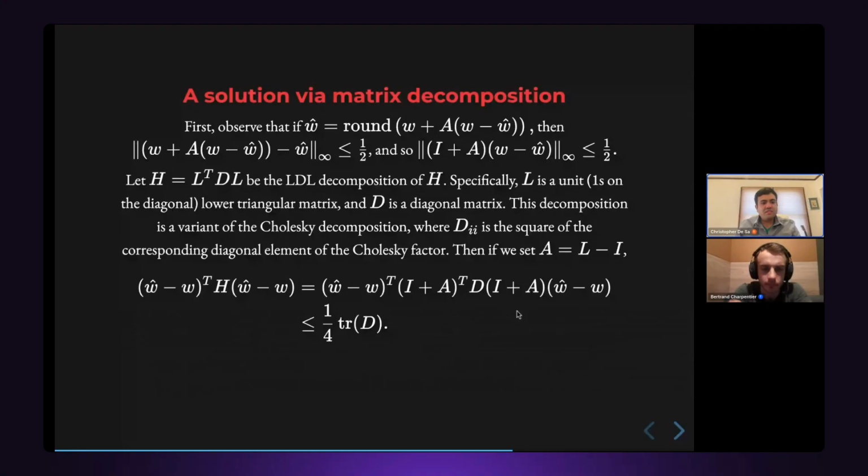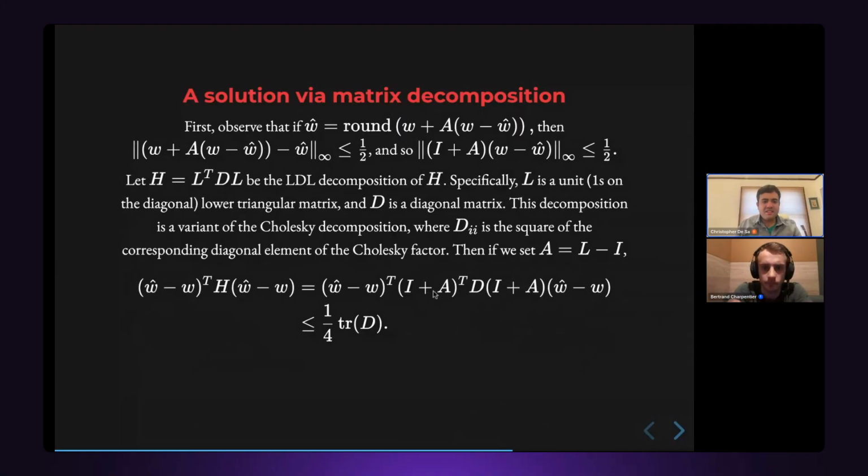And if we round in this way, it's pretty easy to show that each entry of (I plus A) times (W hat minus W) is bounded by one half, just by some algebra.